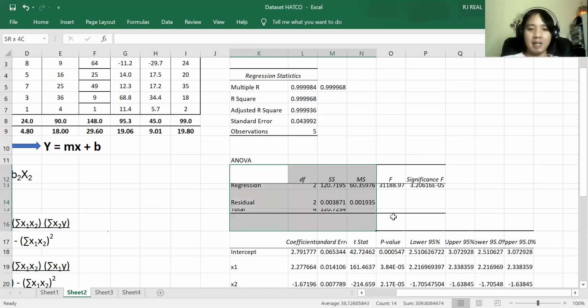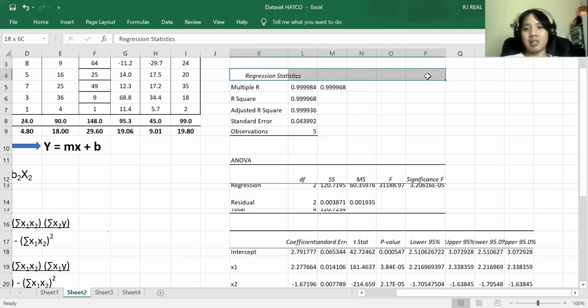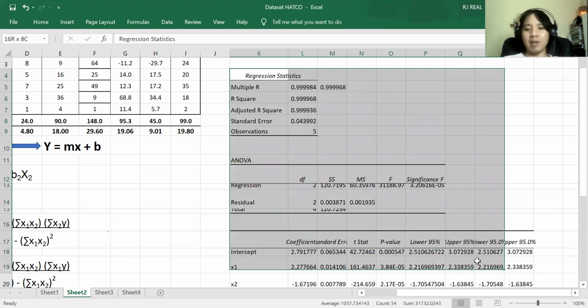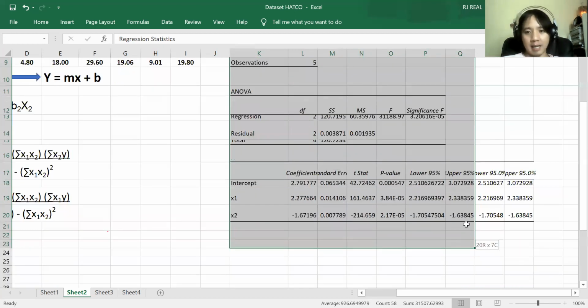But basically, in terms of computation, it is almost the same. Now, the question is, how did we compute or do this regression analysis in Excel? I know we took it from Excel, but what I am pointing to is the process. What is the process for us to conduct a regression analysis in Excel?